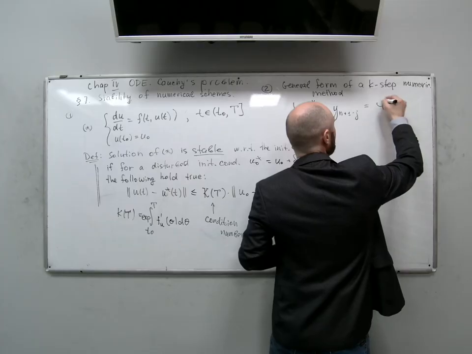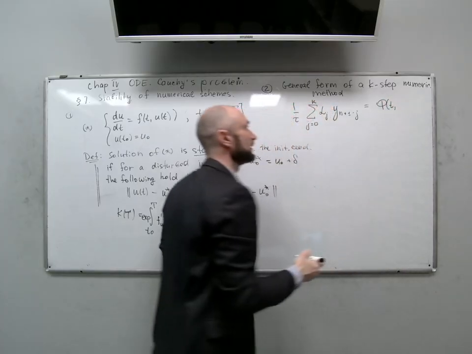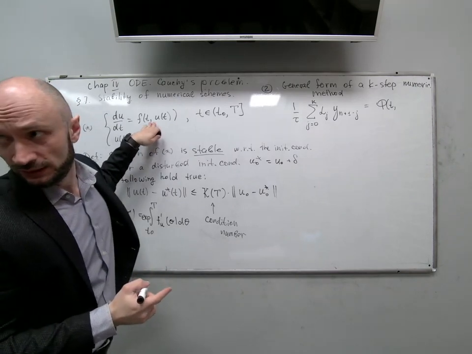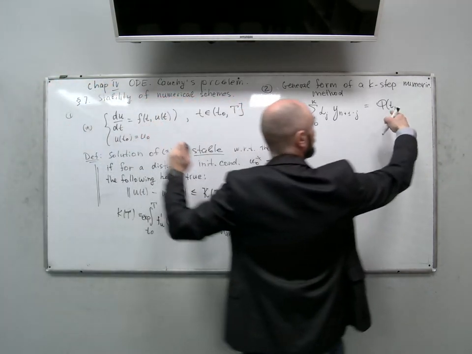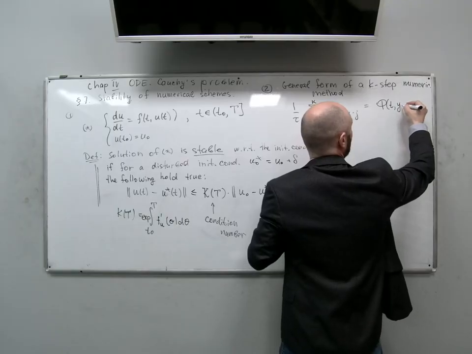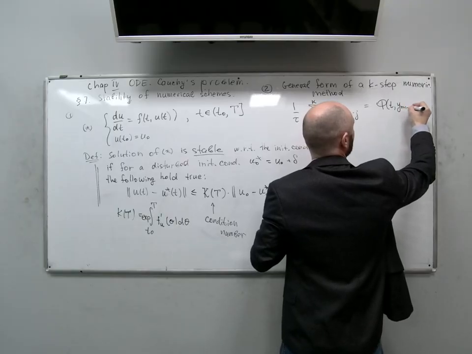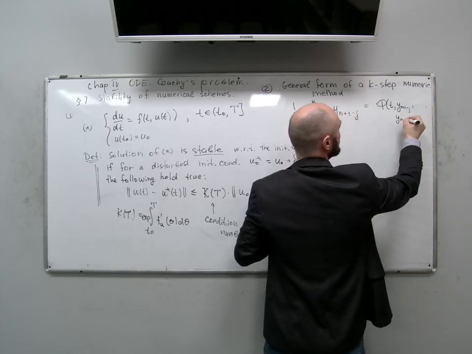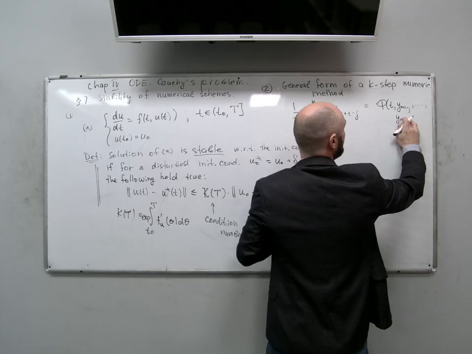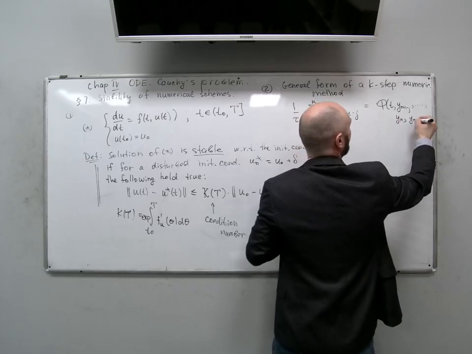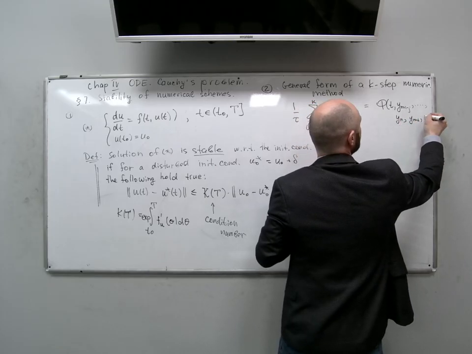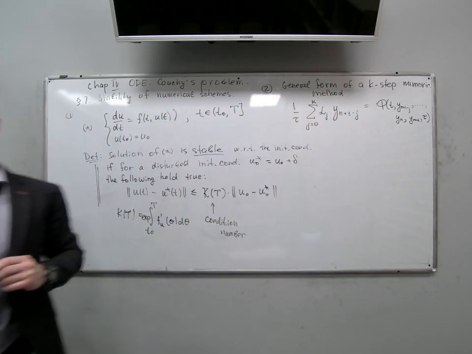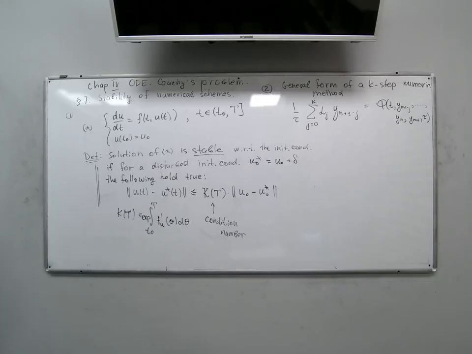And on the right-hand side, you have some function phi capital, which depends on the right-hand side of the original equation. It involves time, it involves y_{n+1-j}, and so on, y_n, and then y_{n+1}, and it also depends on the time step that we chose for our scheme.